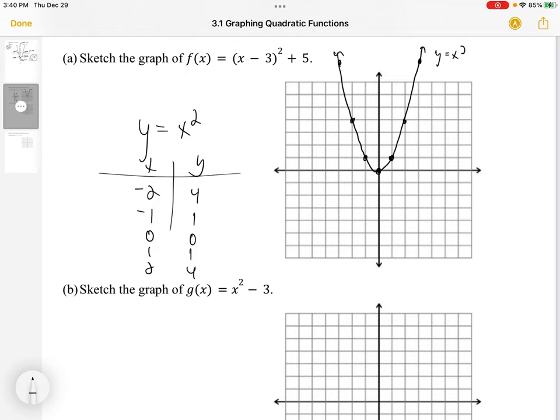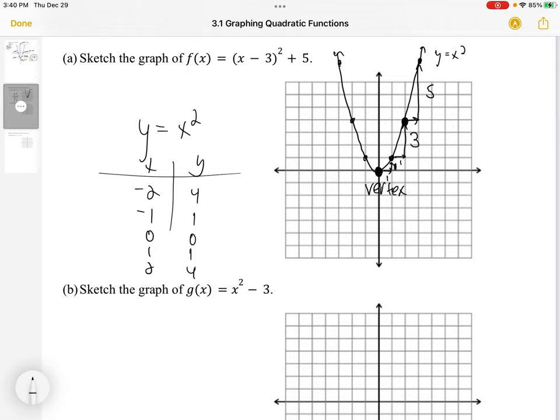The reason I'm drawing this is because I just want to point out the pattern of points on the graph. So here's our vertex. The first point to the right is 1 unit to the right, 1 unit up. From that point, the next point on the graph is 1 unit to the right, 3 units up. The next point is 1 unit to the right, 5 units up.